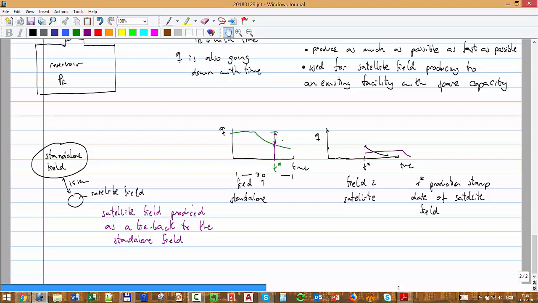But then, for example, 5 years ago, it started to decline. Five years ago it was here, and it was built initially for 1 million barrels, but now it's producing 700,000. So let's say this plateau rate was, well, let's use North Sea numbers, 100,000. And now it is, for example, 70,000.